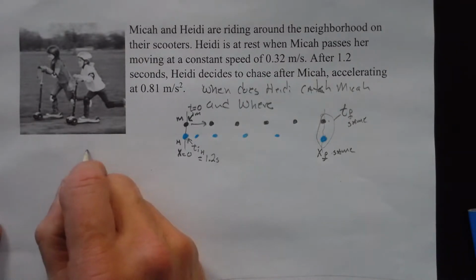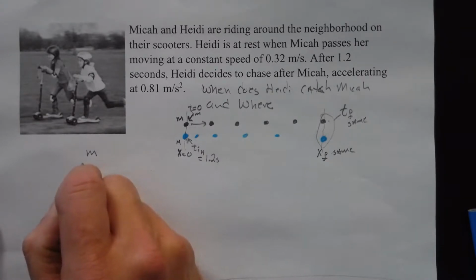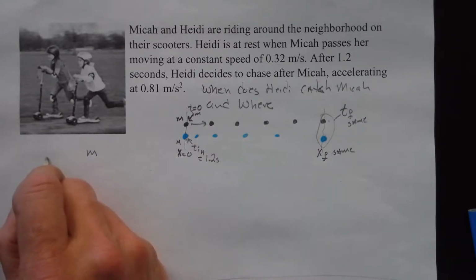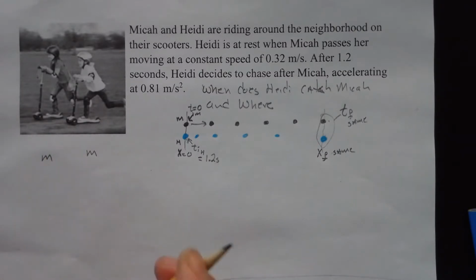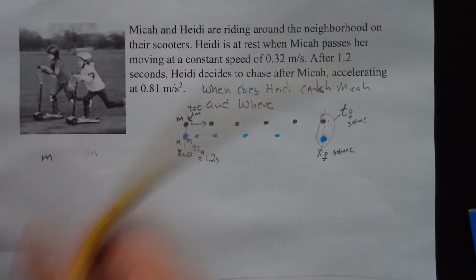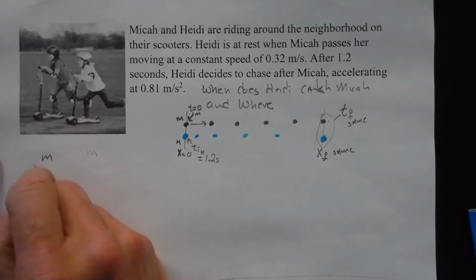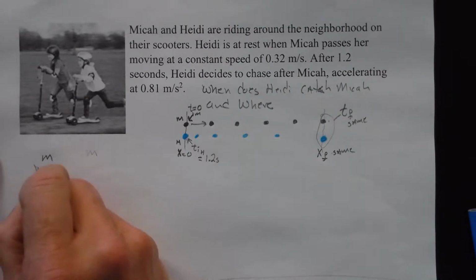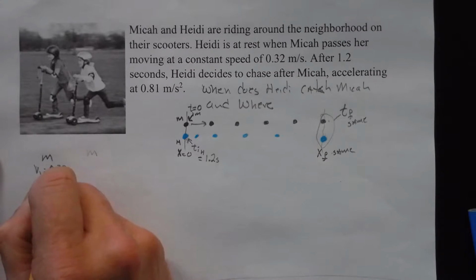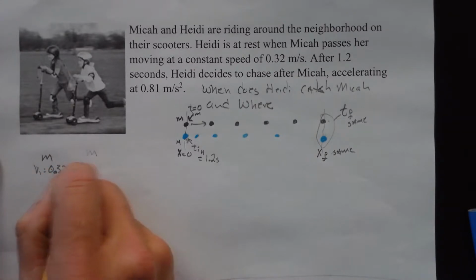So we've got a Micah list. Micah has a constant velocity. Her initial velocity is 0.32 meters per second. It's to the right, which is positive.